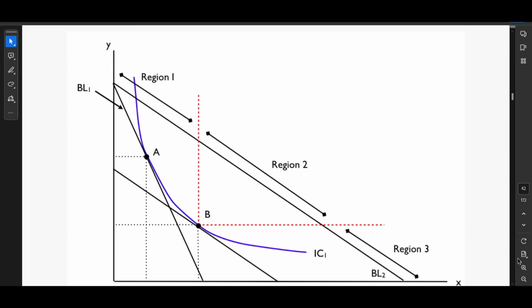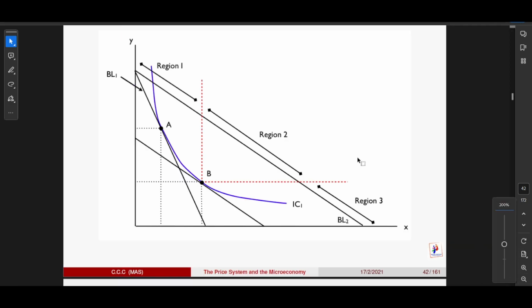This is another way to understand it. Remember all the way back in like ninth grade, when we learned elasticity, we used to say this part of the curve was elastic, this part was inelastic, right?